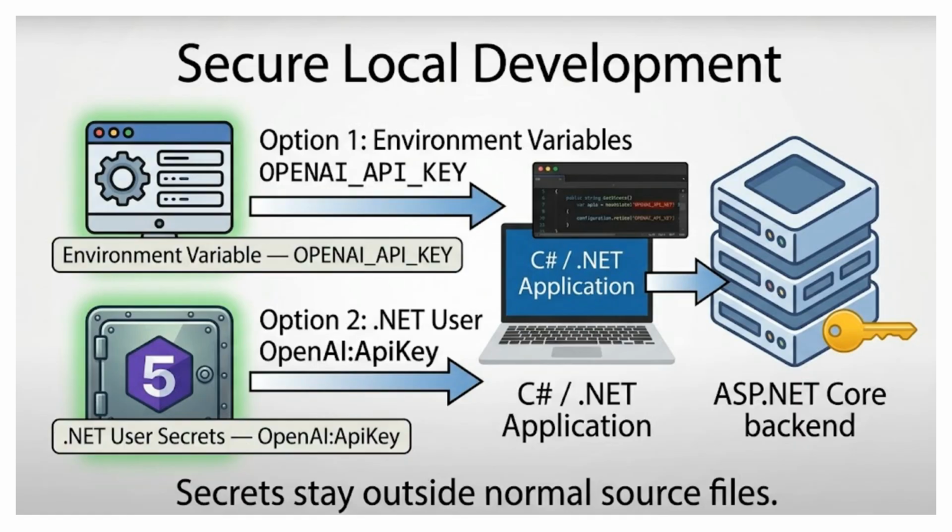For example, we can store our key using a configuration name such as OpenAI:ApiKey. Both approaches help prevent the secret from being stored directly inside our project files. This is especially useful when developing an ASP.NET Core application. The important idea is simple. Keep your API key outside your source code and load it securely when your application needs it.